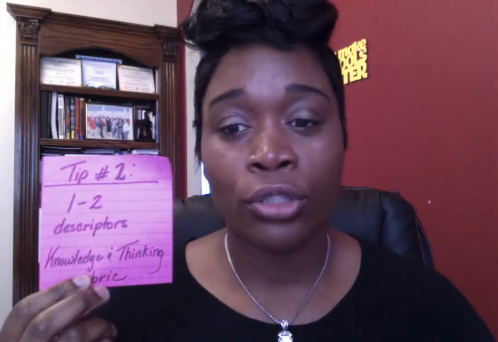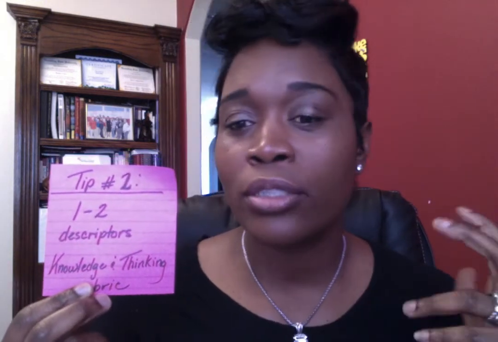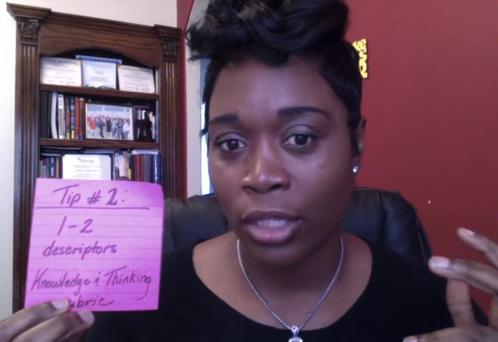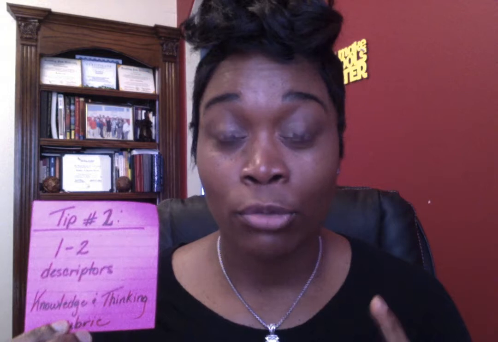So, tip number two. What I want you to do is start to think about one to two descriptors from the knowledge and thinking rubric, and not just the knowledge and thinking rubric, but the written communication rubric, because the students are writing. I pulled both rubrics from ECHO, and I decided to focus on an 8th grade math knowledge and thinking rubric, and then the written communication rubric for 8th graders.